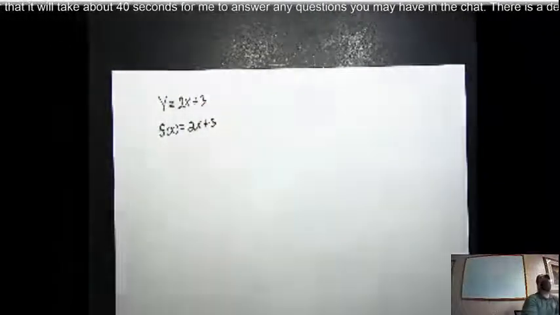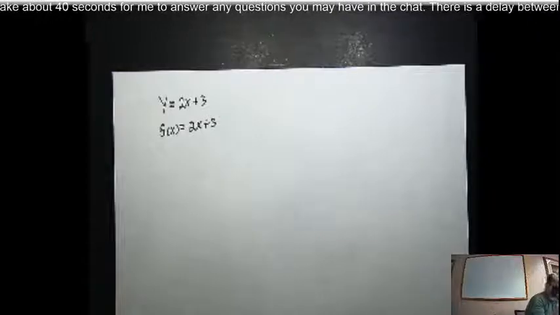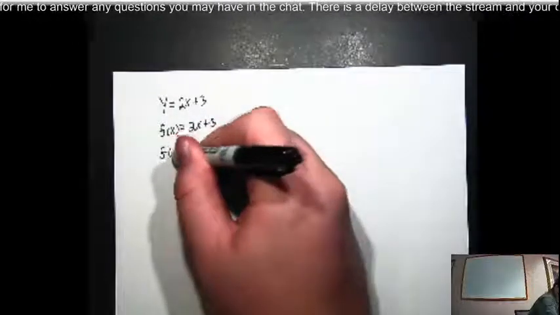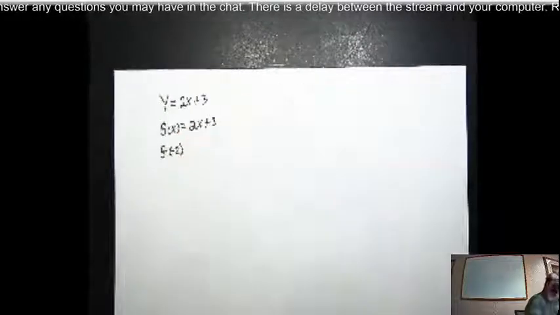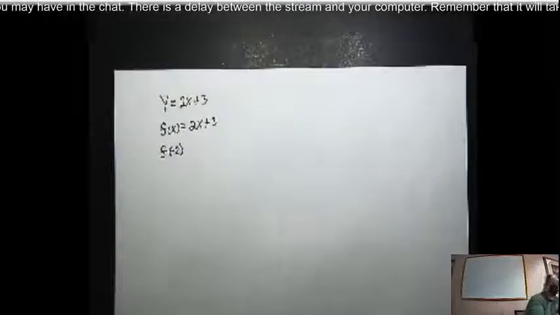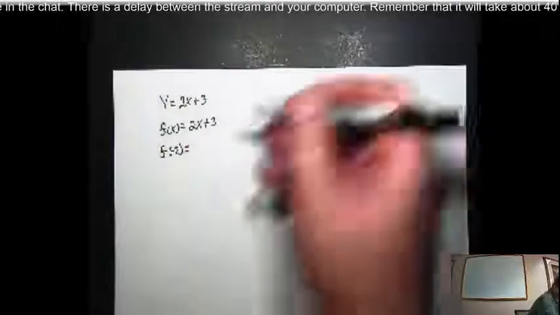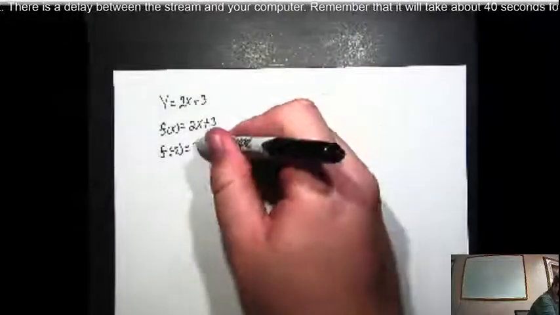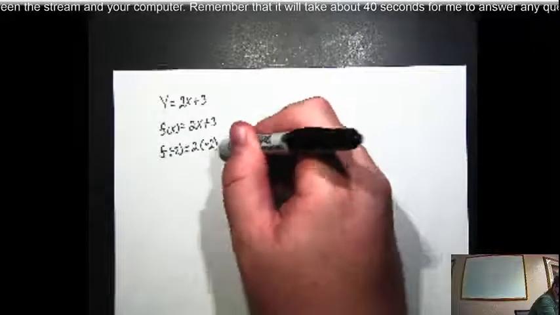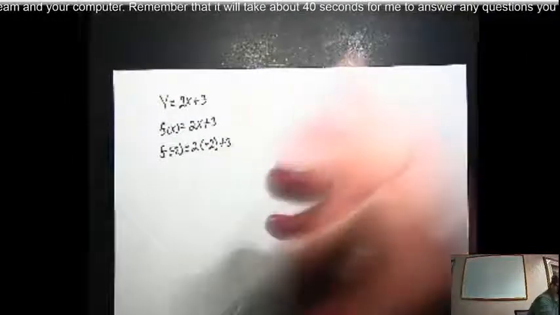So for instance, if we plug in, well, I don't know, f of negative 2, what this means is that we're going to be putting negative 2 in for x. So we'll have 2 times, x is now negative 2, plus 3.